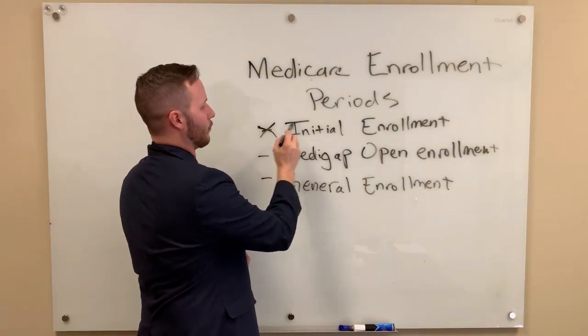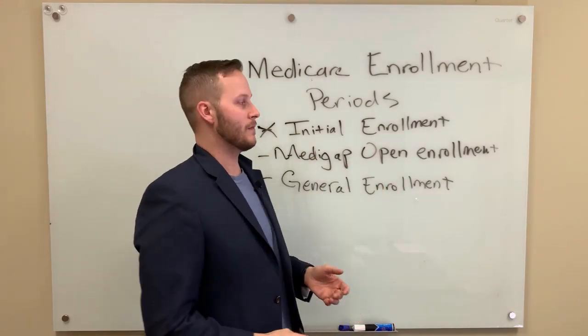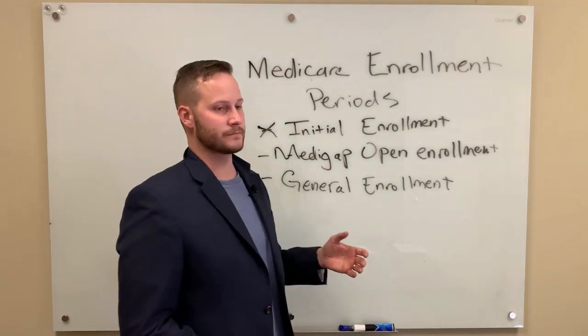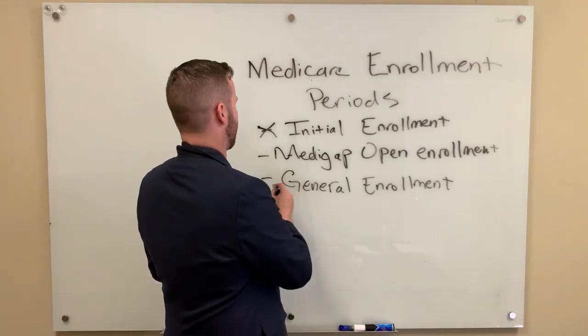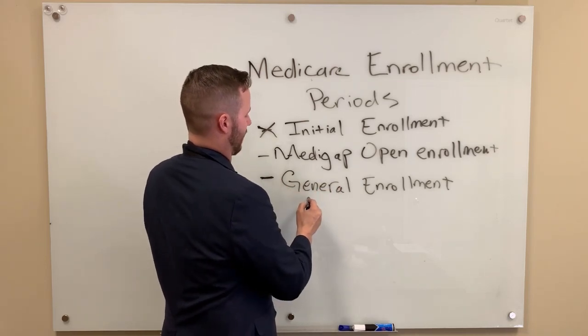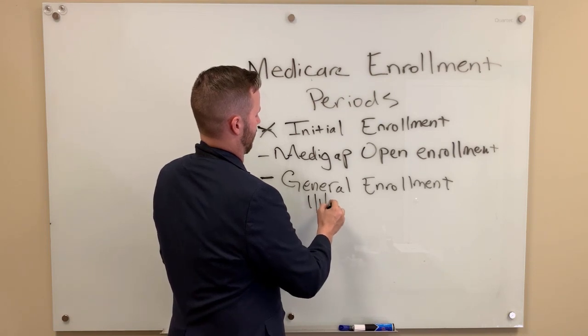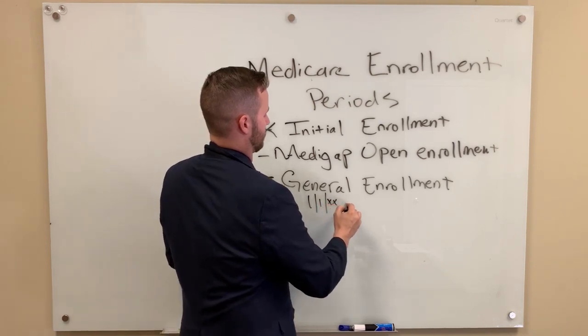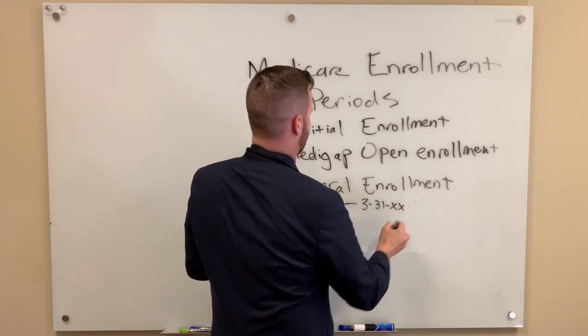If they don't enroll in A and B during the initial enrollment period, and they don't have credible coverage elsewhere, then they would have to wait until this general enrollment period, which is annually from 1/1 of the year, whatever the year is, to 3/31 of whatever year that is.